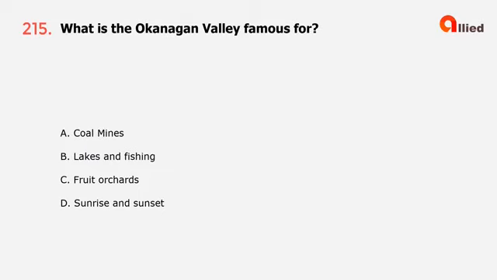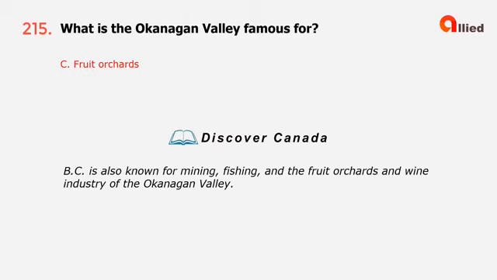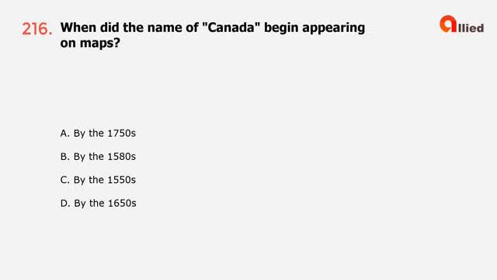Question 215. What is the Okanagan Valley famous for? A. Coal mines. B. Lakes and fishing. C. Fruit orchards. D. Sunrise and sunset. The answer is C. Fruit orchards. Question 216.